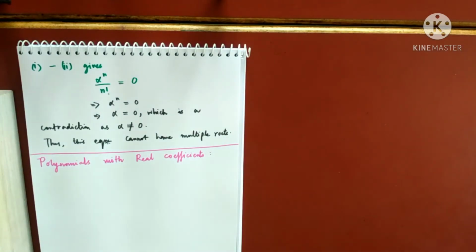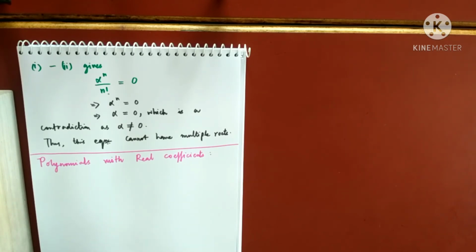So now onwards, we only consider polynomials having real coefficients. Though I haven't discussed any questions based on complex coefficients, whatever theorem we have done previously, there the coefficients can be complex as well.